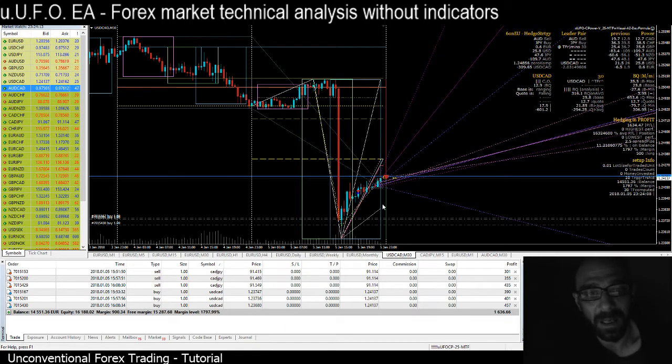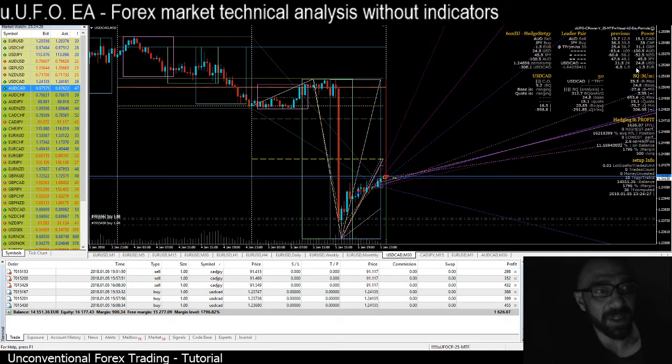At least this calculation, this line of calculation, it's now showing me a possible target for stopping my trade.